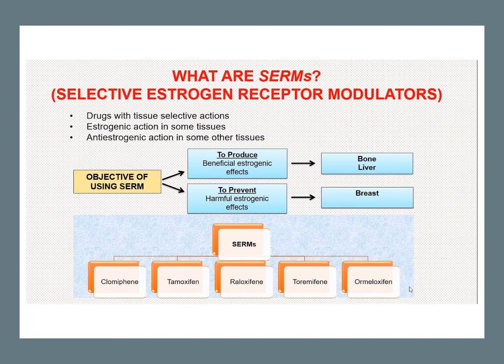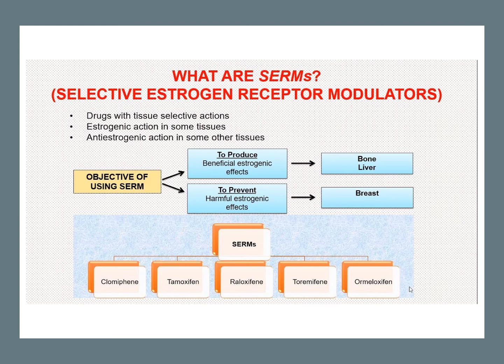Okay, so the interesting thing about these drugs is they act like estrogens in some tissues, and they act like anti-estrogens in other tissues. It just depends on which receptor they land on. Okay, so in the bone, they behave like estrogen, and they prevent bone breakdown. Okay, so that's very beneficial, right?